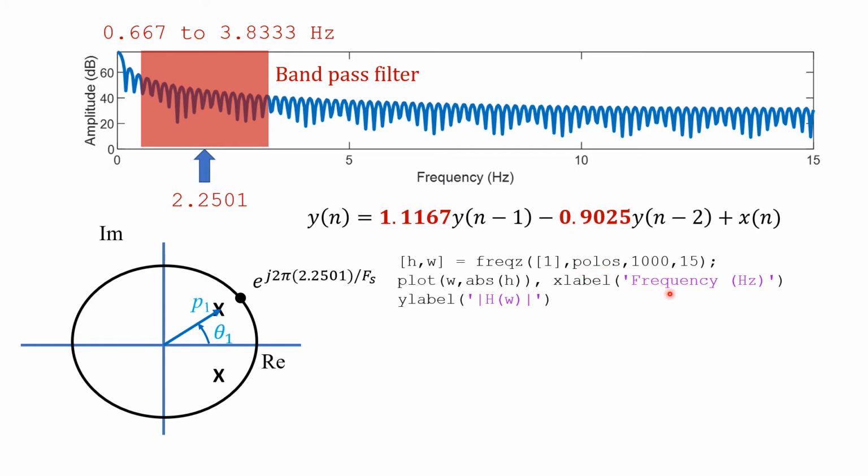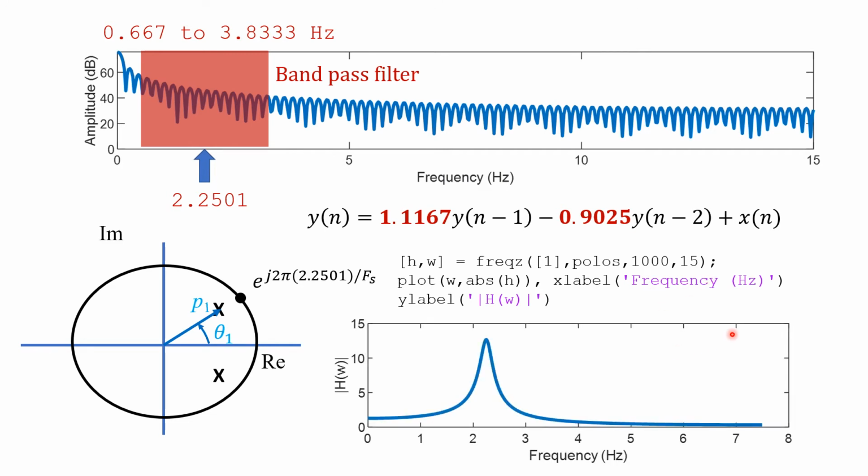I'm going to tell Matlab to compute 1,000 values, 15 corresponds to the sampling frequency, and I'm just doing the plotting there. And this is how it looks. That's the frequency response of this system with two poles, and it's doing what I wanted to do. It peaks at 2.25 right there, and as you can see, even though it's a resonator, it resembles a bandpass filter.